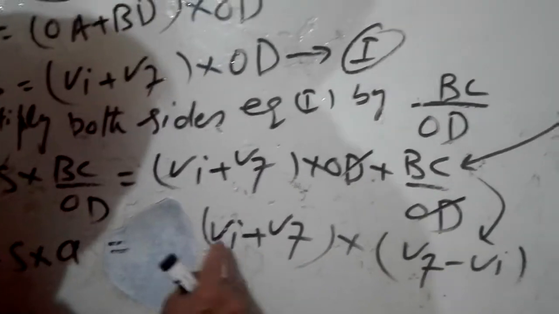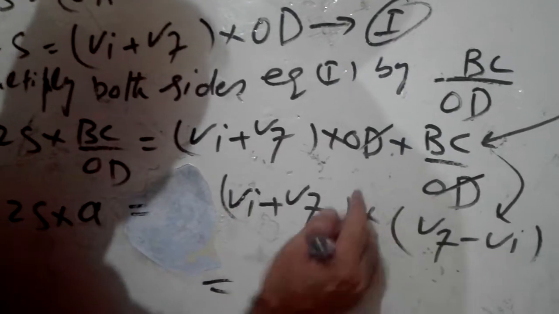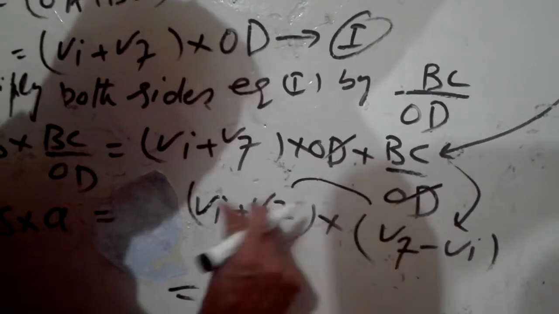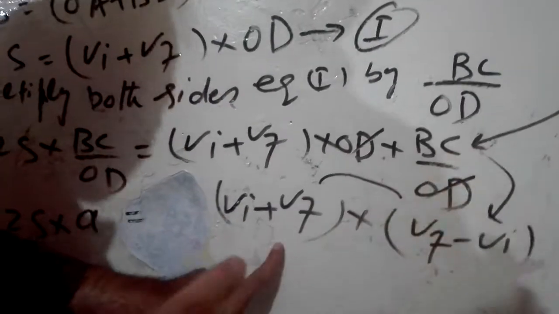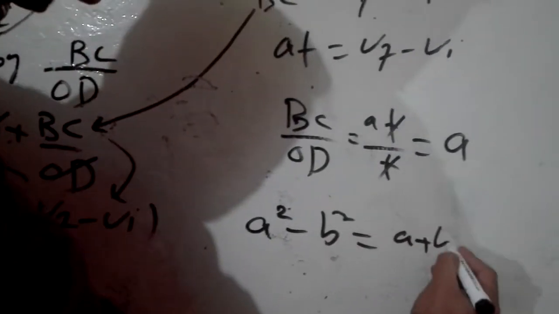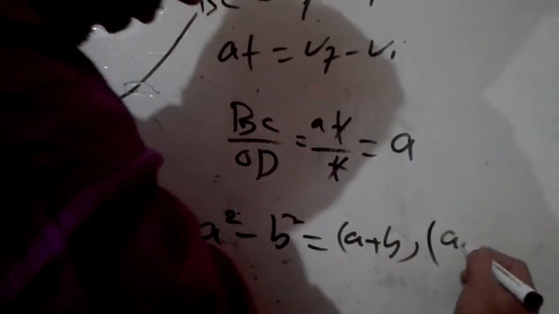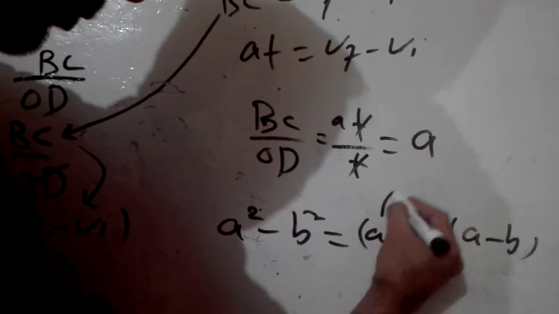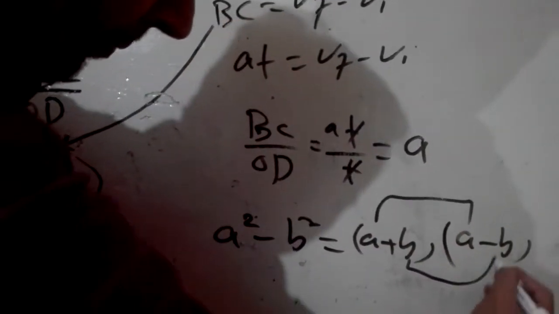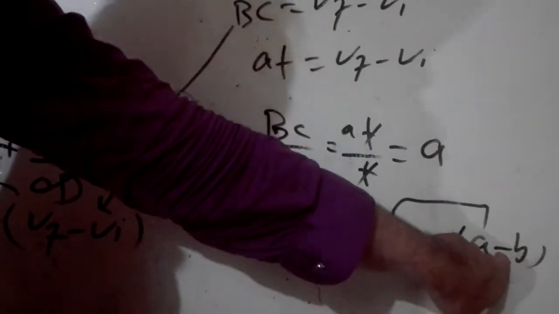Now I think in math you know, here is the first term, VF and VF, both positive. The second term is VI and VI. Notice, in math you know the formula A square minus B square equals (A plus B) into (A minus B). The first term is the same, both positive. The second term is the same, but one term contains a negative sign.